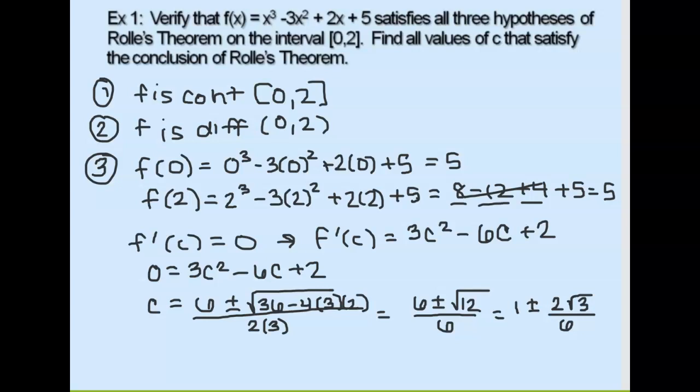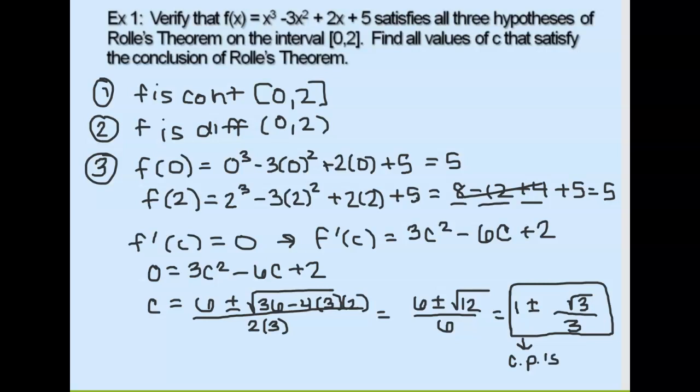And over with my root 3. So you get 1 plus or minus the square root of 3 over 3. Leave it. All it asks me to do is find the values of C that satisfy that conclusion. These are the values of C.